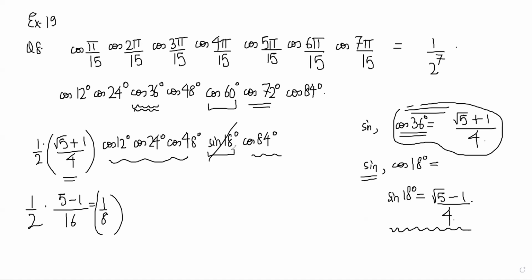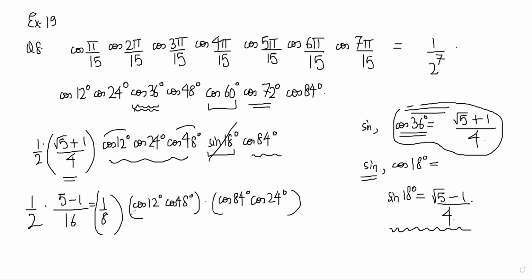Now let's do a grouping here. What grouping I would see is 12 and 48 together because they add up to 60. And I will also group 84 and 24 together because the difference is 60, right? Yes.